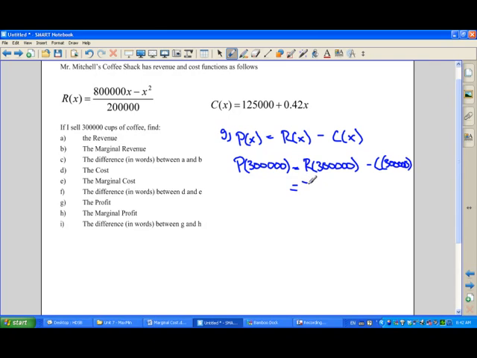So our revenue at 300,000 units was $750,000. From that, we're going to subtract the cost of 300,000 units, $251,000, which works out to a profit of almost $500,000. $499,000 is our profit.